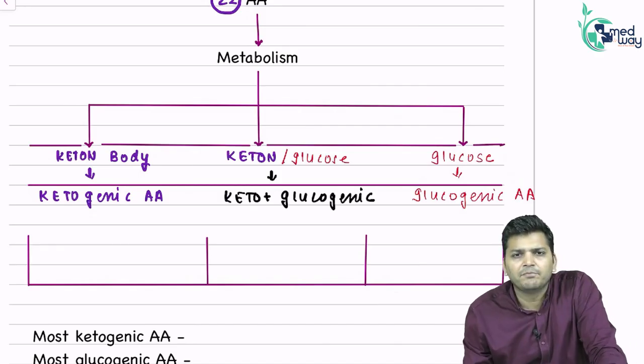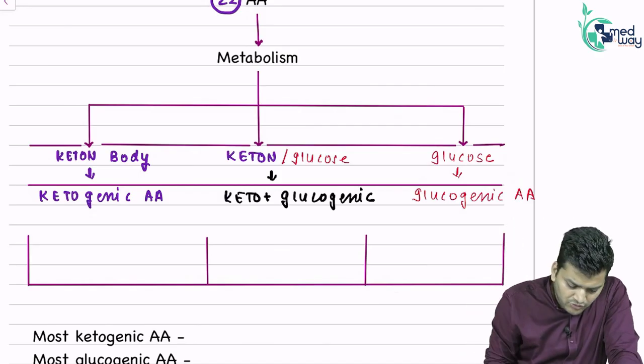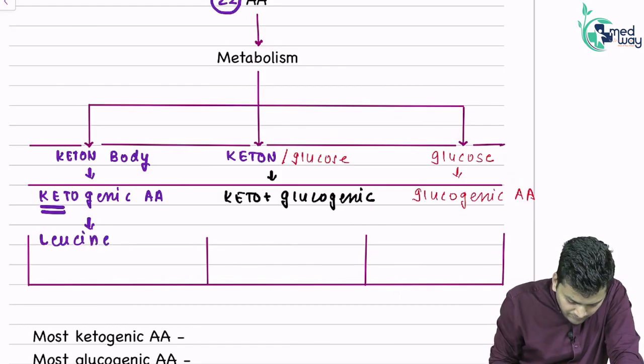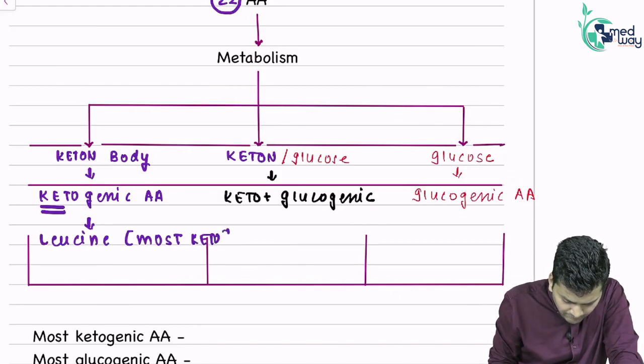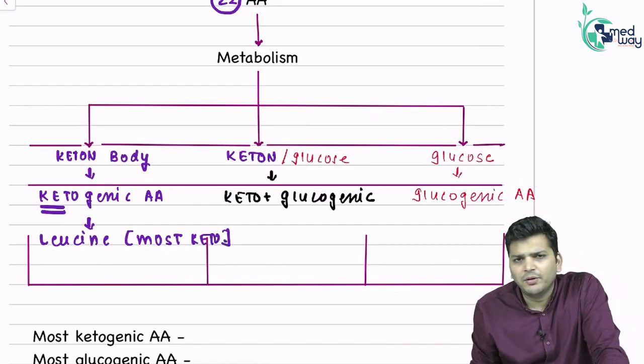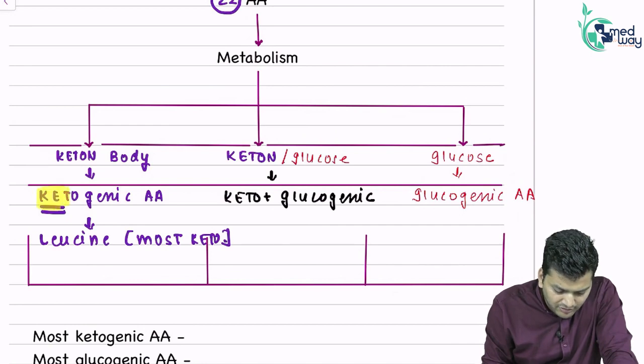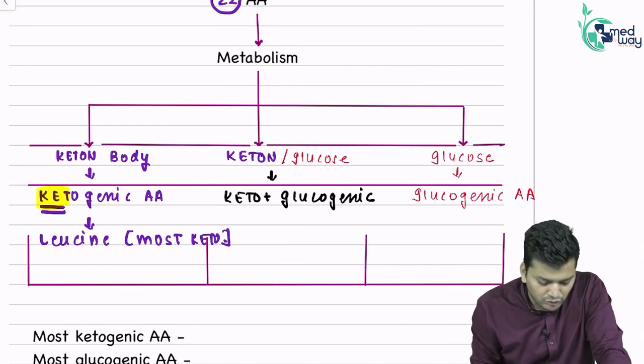When it comes to the most ketogenic, it is leucine. You can remember it like this: what is the most common name of a pet cat? Lucy.